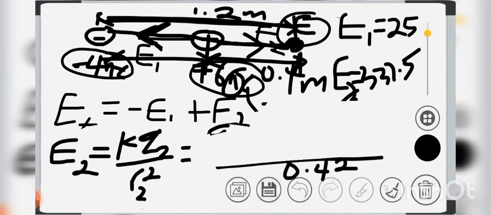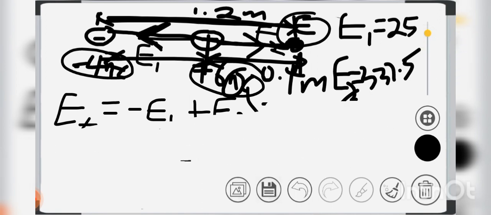So what will be the total now? Remember we said the total is minus E1 plus E2. Because E2 is leaving this positive charge and it was pointed towards the right. Then E1 is entering the negative charge, it was pointed towards the left.